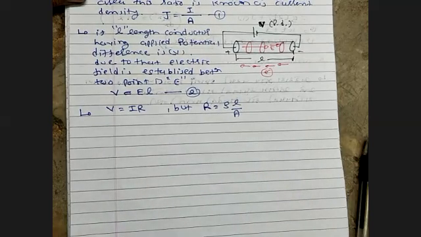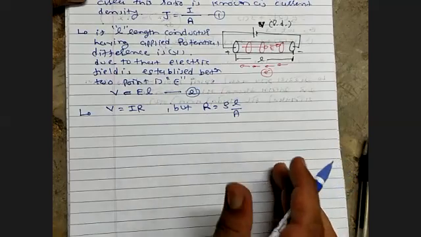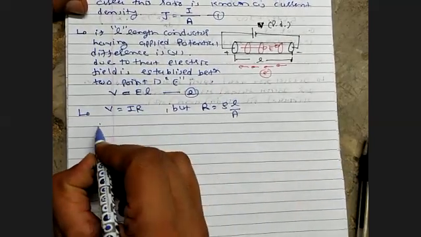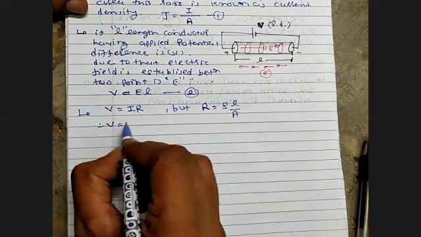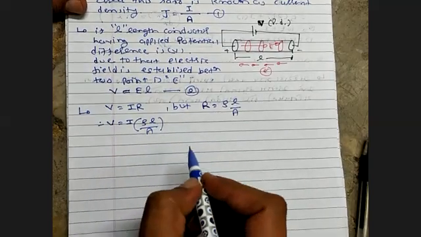R is the resistor, an equipment, and the value of that is named as resistance. Put this R over here. It is the value equation of the resistor. V is equal to I rho L upon A.